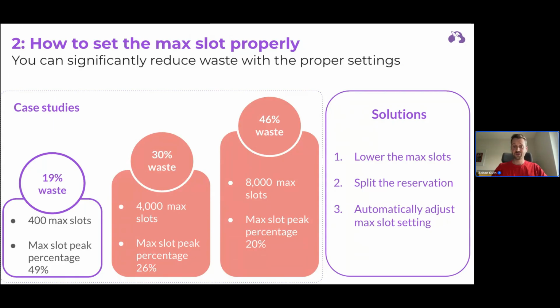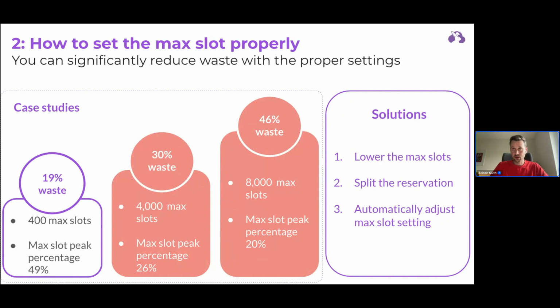And it's really hard to analyze and separate those workloads into different reservations. If you are not able to do that, or it's really hard in terms of engineering effort, the third option is to think about automatically changing the max slot setting, because this is something that is possible as well.